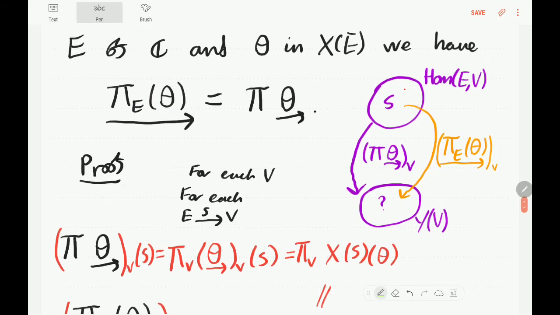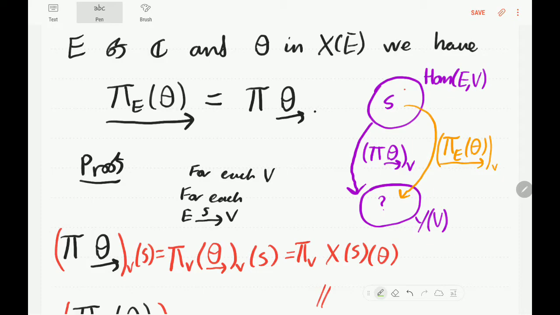So we look at the V component of these natural transformations. These correspond to these purple and orange arrows respectively. And we just want to show that these two functions are going to operate the same way if we apply them to an arbitrary element S of their source set, which is Hom E comma V.